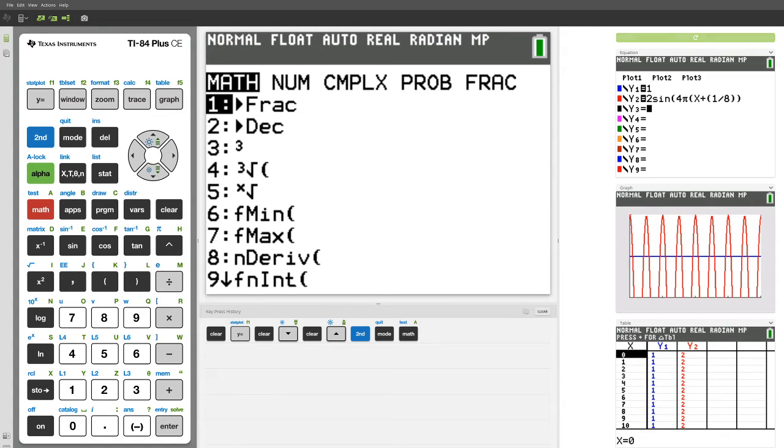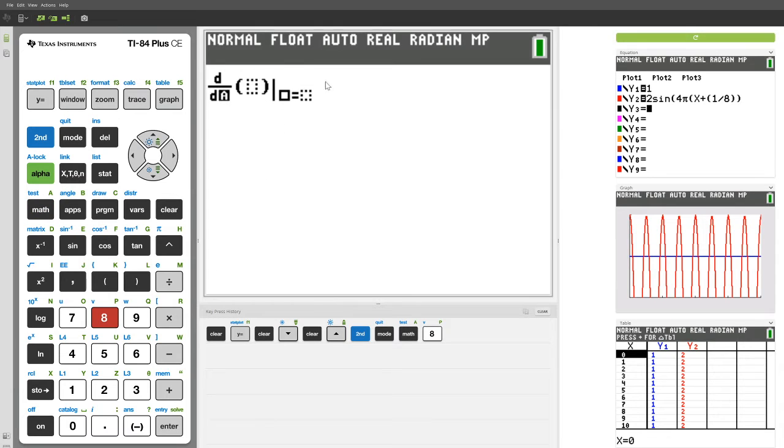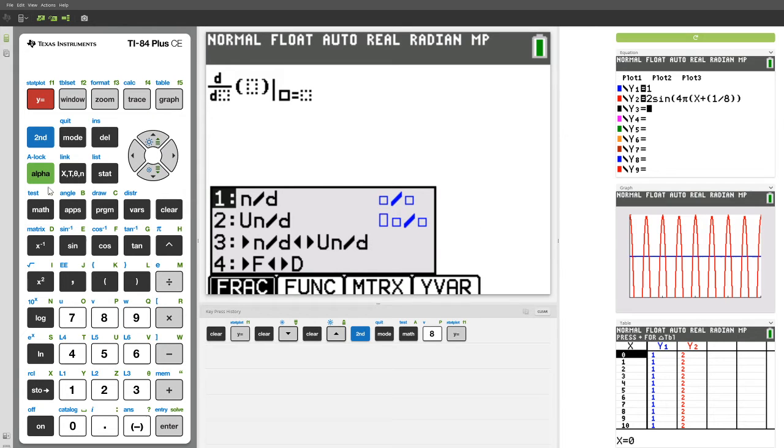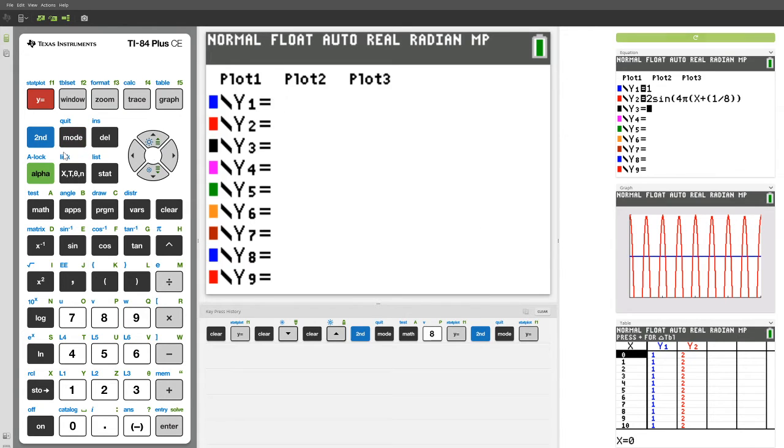Derivatives. So math 8 then would make sense. That is our numerical derivative. I'm going to go ahead and enter this into y equals, which is where you should have already had it anyway. Oh, look, it's already there. How convenient.